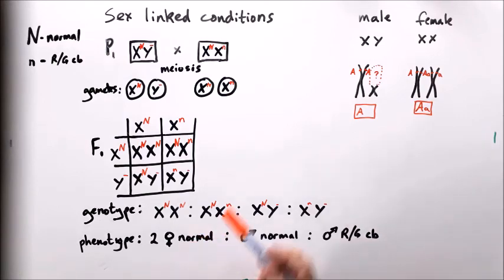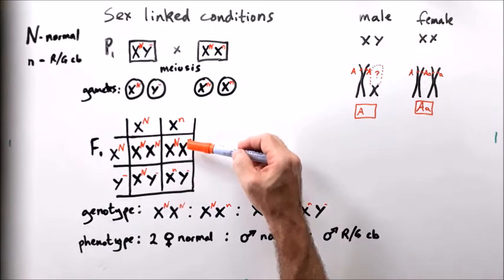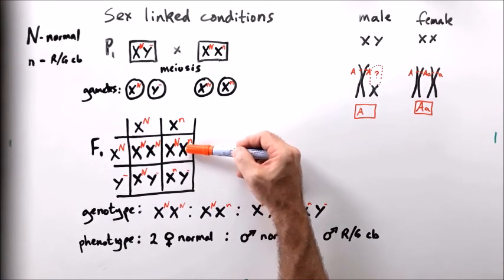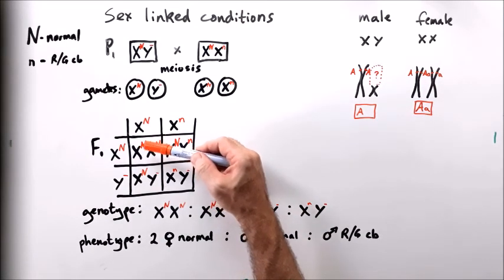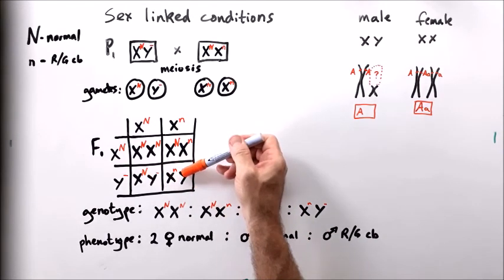Just to summarize, it is the female that's the carrier of this gene in this particular situation. So she has a 50% chance of passing it on to her daughter, or a 50% chance of not passing it on to her daughter, and there's a 50% chance that she'll pass it on to one of her sons.